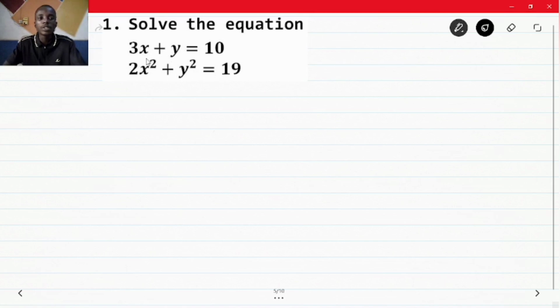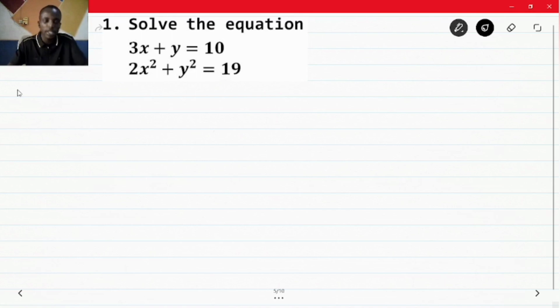It's impossible to find 2 unknowns in a single equation, but it is possible when we have 2 different equations. Here the first one, 3x plus y equals 10, is a linear equation, while 2x squared plus y squared equals 19 is a quadratic equation.